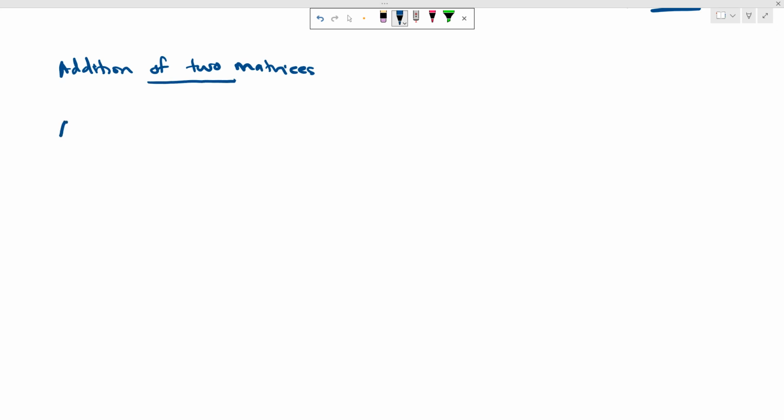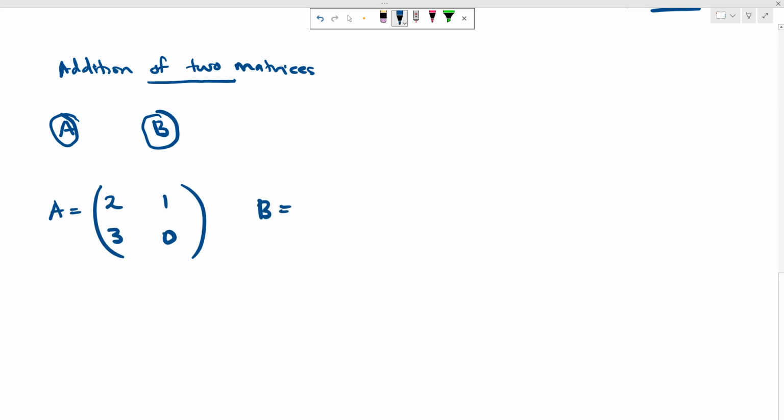For example, let's say we have a matrix A and a matrix B. The condition is that the dimensions of these two matrices should be the same, which means the size of matrix A and the size of matrix B should be equal. For example, if A is equal to 2, 1, 3, 0, then B is equal to, let's say, minus 3, 1, 0, 0. Now the dimension of this matrix is 2 by 2.